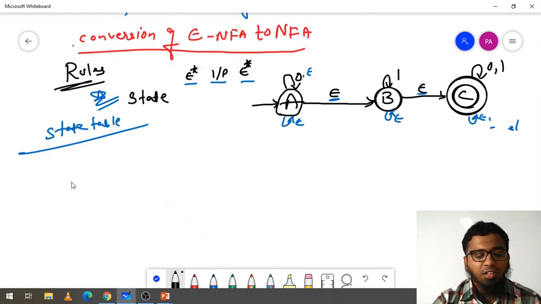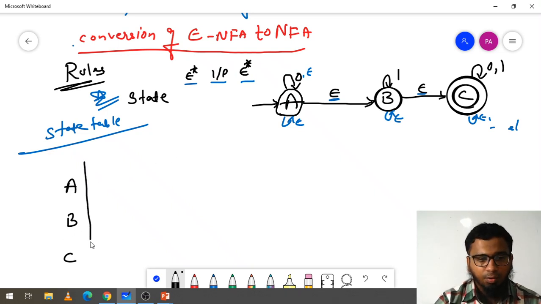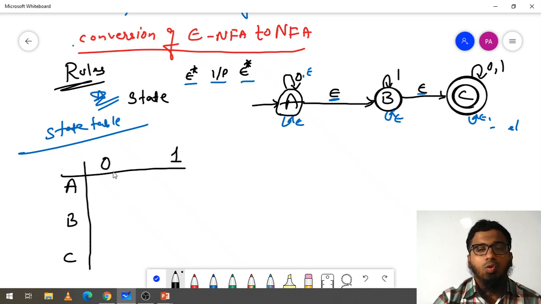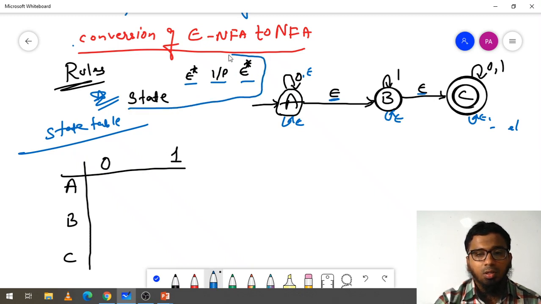How many states do we have? A, B and C. And here 0 and 1, we have the input 0 and 1. But whenever we have an epsilon, we need to perform this rule and add it in this state table.